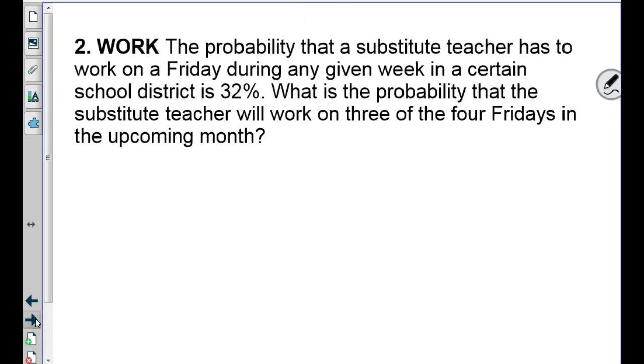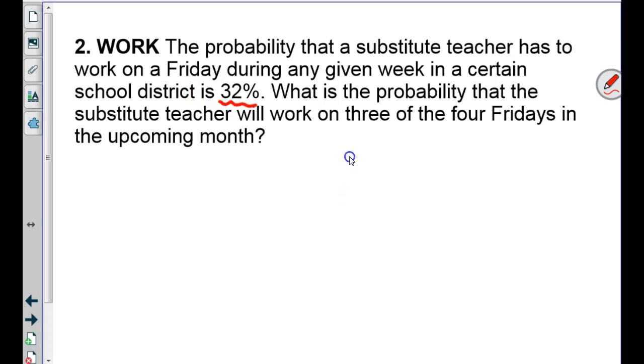All right, let's see if we have one more that's this way. The probability that a substitute teacher has to work on a Friday during any given week in a certain school district is 32%. What is the probability that the substitute teacher will work on 3 of the 4 Fridays in the upcoming month? Okay, so what is our 32%? What is that representing?